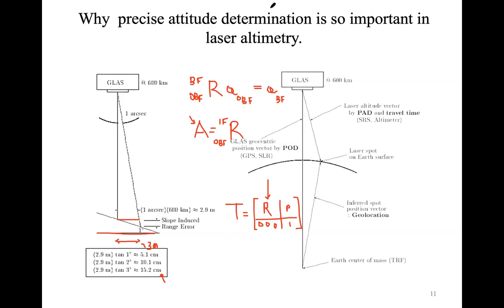In this case, we know that the laser altimeter has an accuracy of, let's say, 20 centimeters. Usually on Earth, you also have slopes of about 5, 6, even 10 degrees.